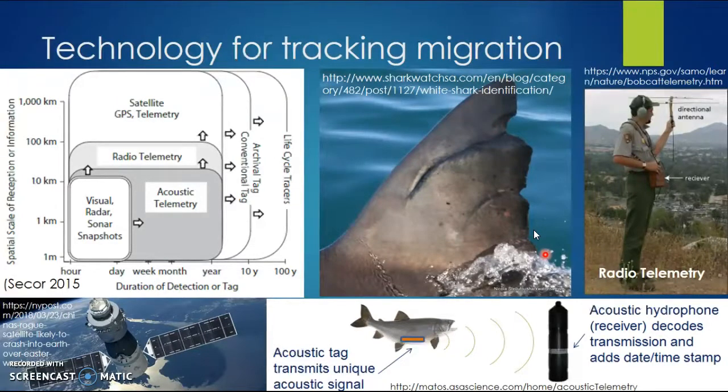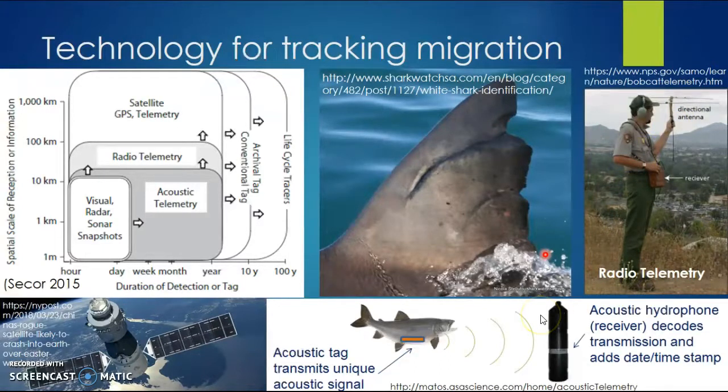Next, we're going to talk about radio telemetry, which is a type of telemetry that has an antenna and a receiver. This type of tracking can last up to 100 kilometers and up to a year.